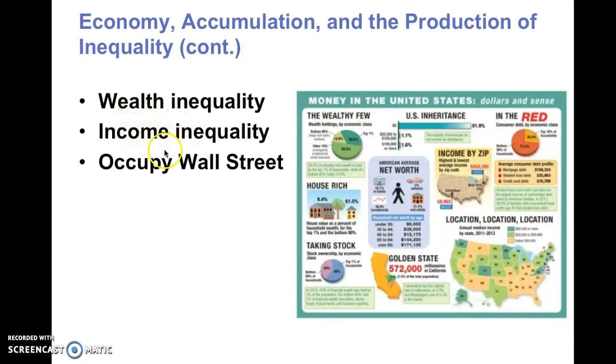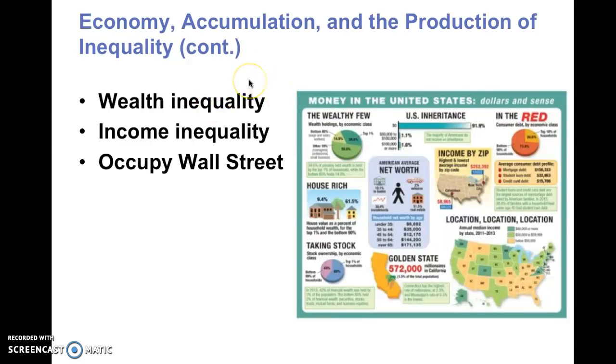And one of the things is if you look at wealth inequality in the U.S., it compares to third world countries. It compares to developing countries like China, not to highly industrialized economies like Western Europe.